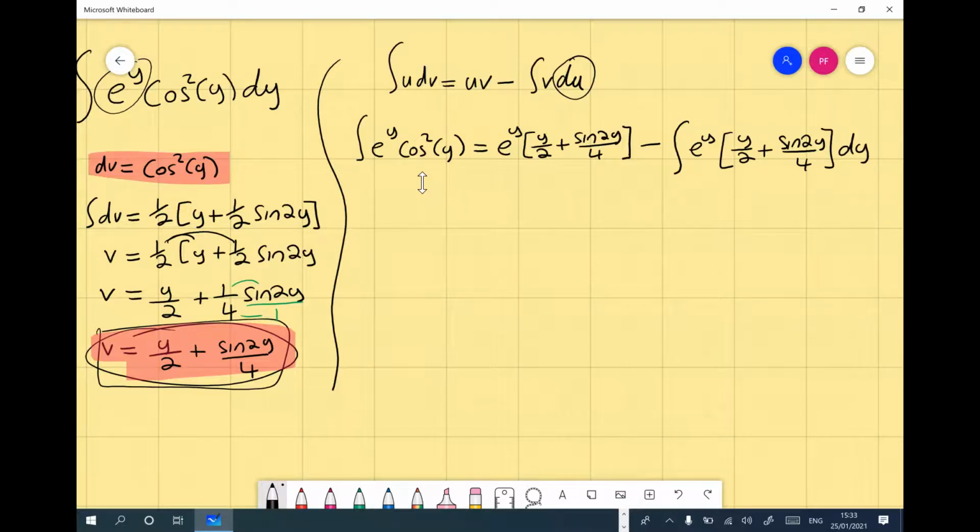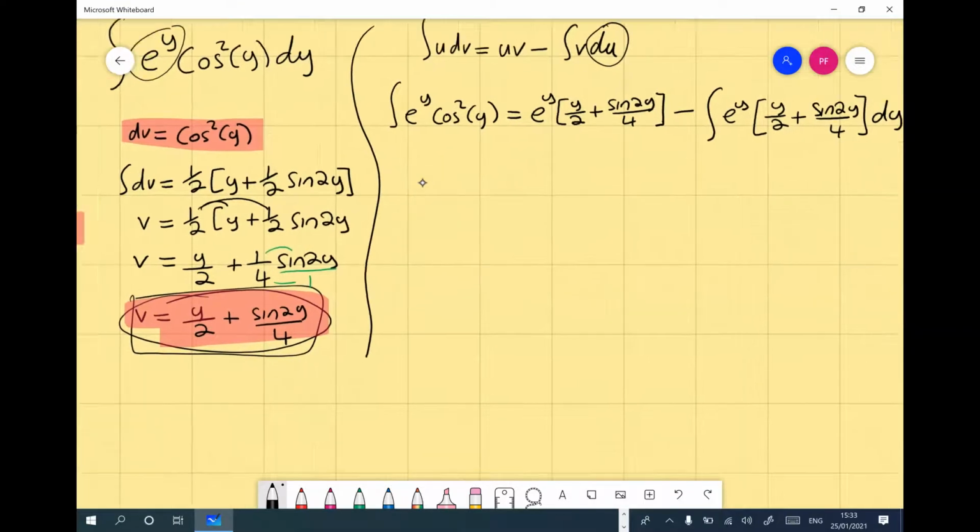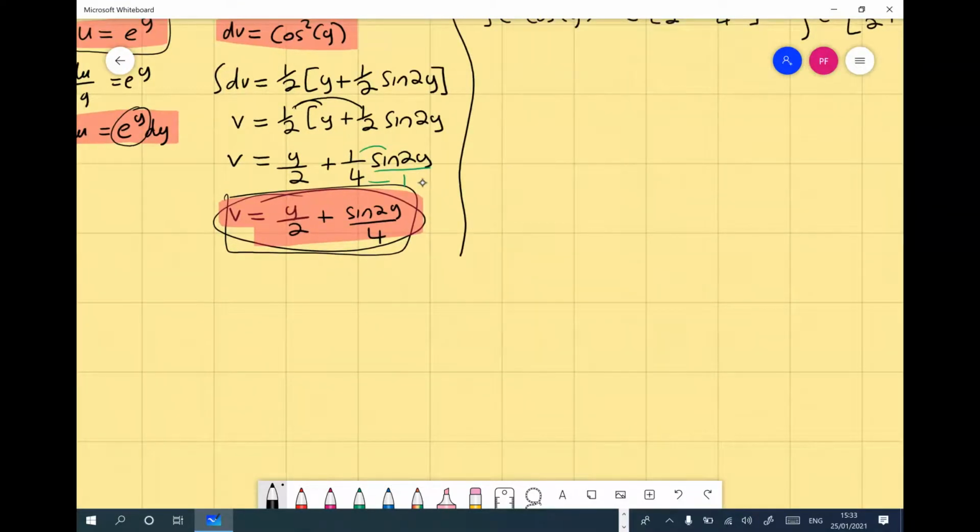Okay, so I might consolidate my fractions here before I go any further to make things a little easier to look at. So I've got my y over 2 plus sine of 2y. What I'm going to do is get a common denominator first. Just to remind you, if I had a half and I was adding 3/4, I'd need a common denominator.